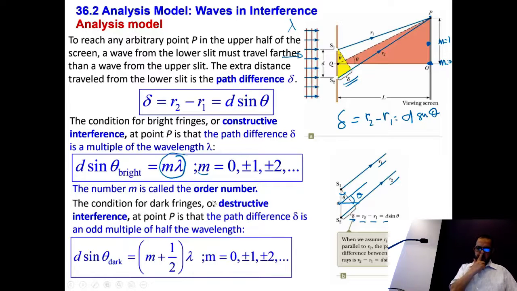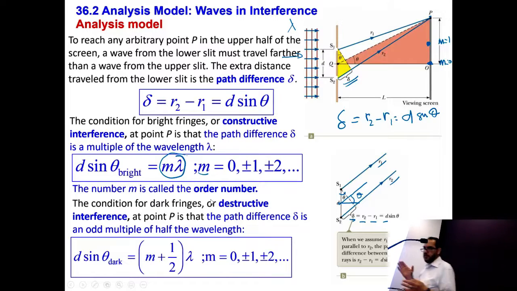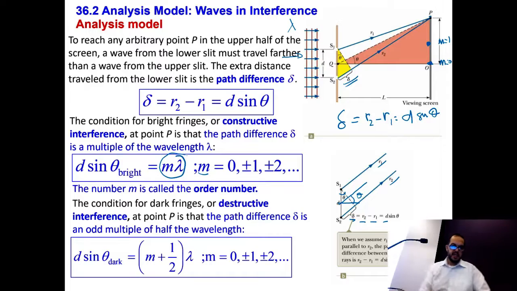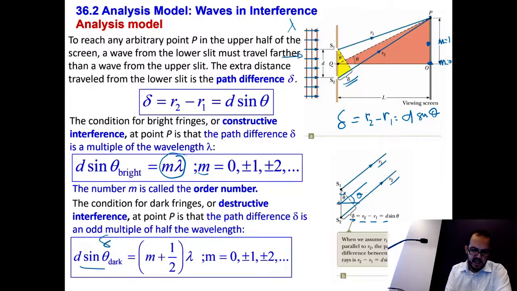The destructive interference: for the waves to arrive out of phase, one opposite of the other, the path difference d sine theta, which is delta, has to be (m plus 1/2) times lambda. Meaning delta is going to be either 0 plus or minus lambda, plus or minus 2 lambda, and so on.